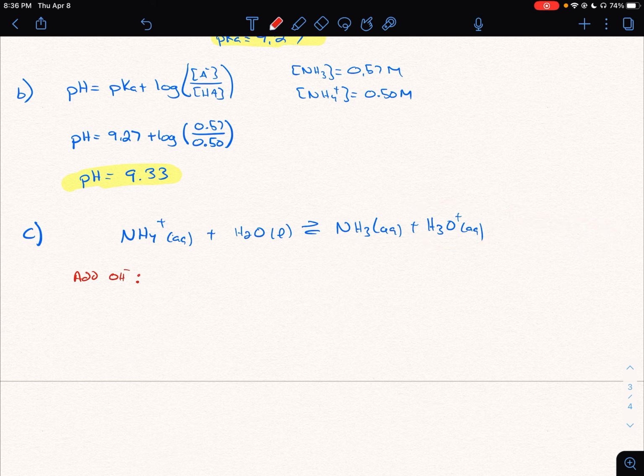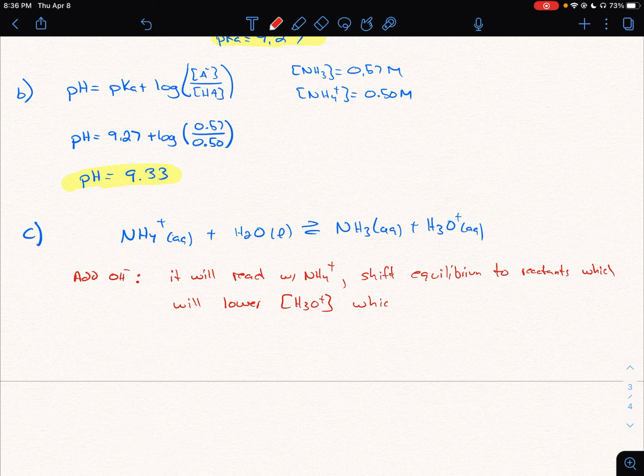So we can say if we add hydroxide, it will react with NH4 and shift the equilibrium to the reactants, which will lower the concentration of hydronium.